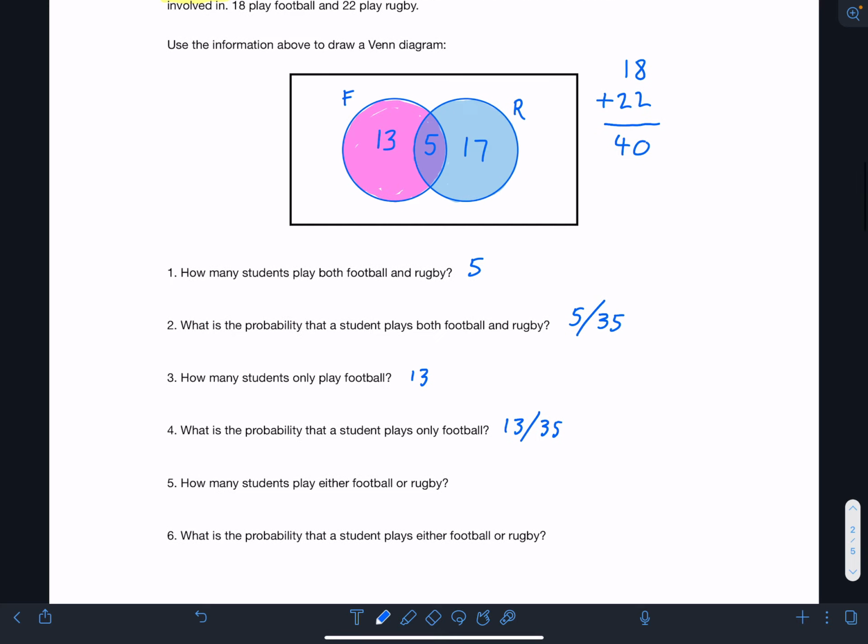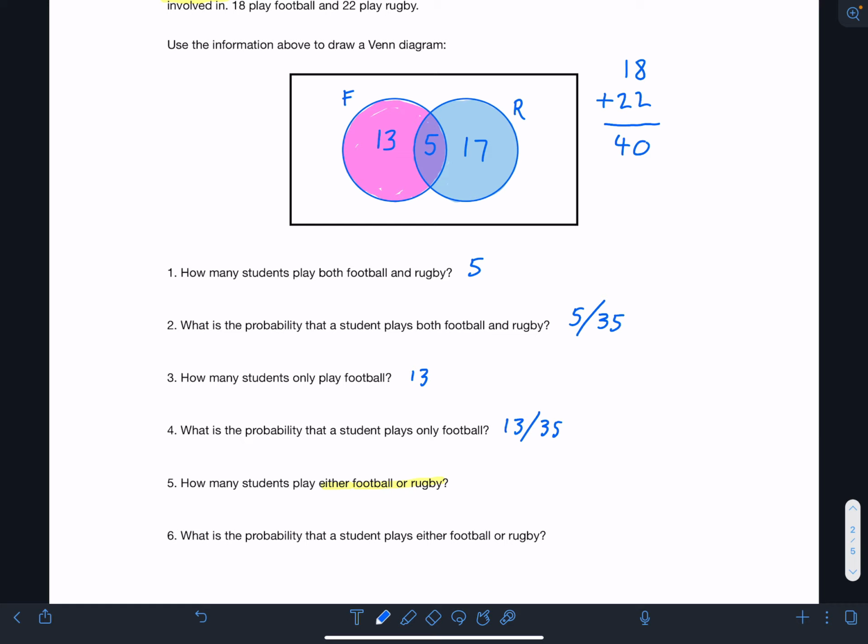Question 5, how many students play either football or rugby? And so this means that they can play football and rugby, or they can play only rugby. And so for either football or rugby, any of the numbers, we add them all up inside of both of the circles. So it's 13 plus 5 plus 17.